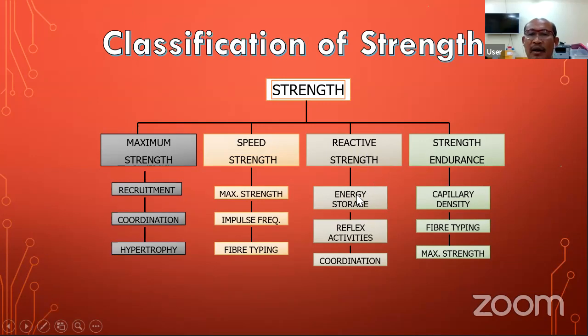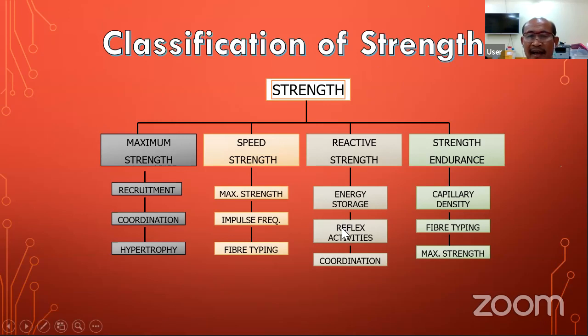For reactive strength, we have to do energy storage. Mostly the energy is stored in the tendon, in movements like jumping, throwing, sprinting. Especially when you do jumping and sprinting exercises, the energy is stored in the Achilles tendon.